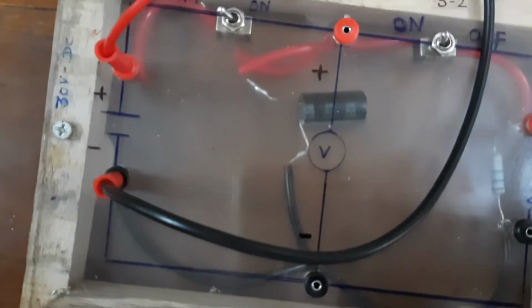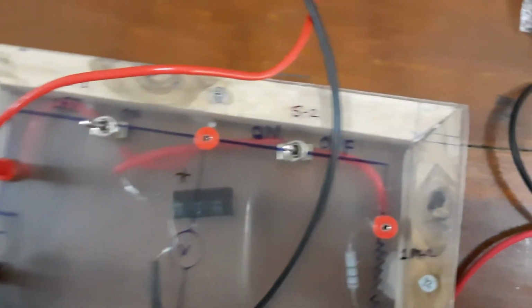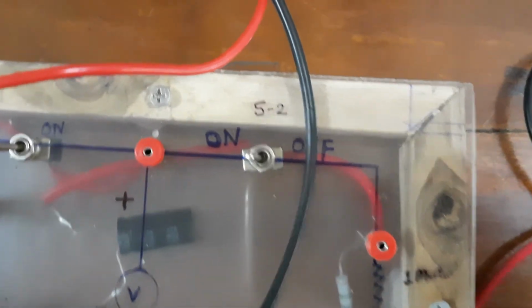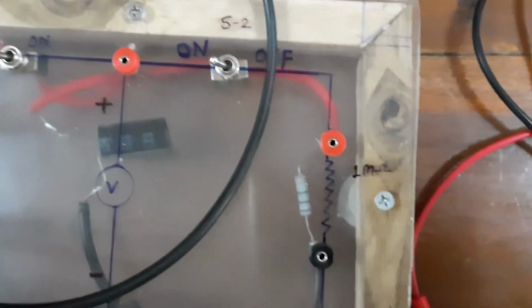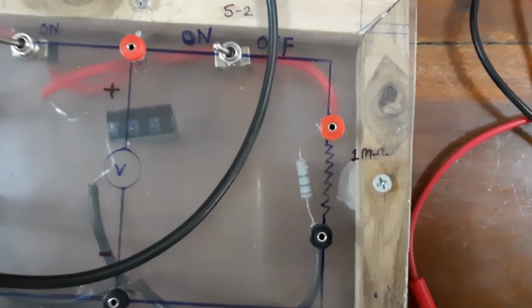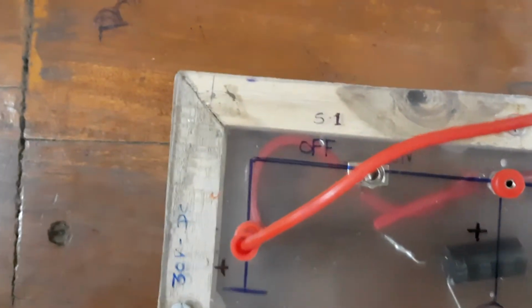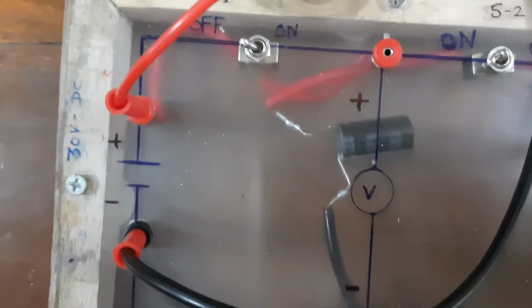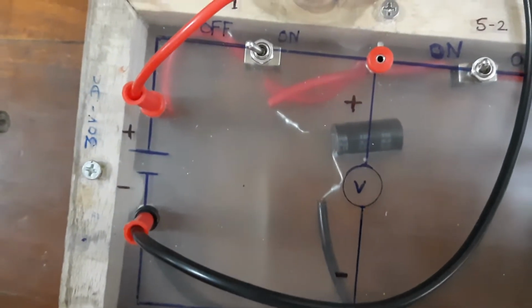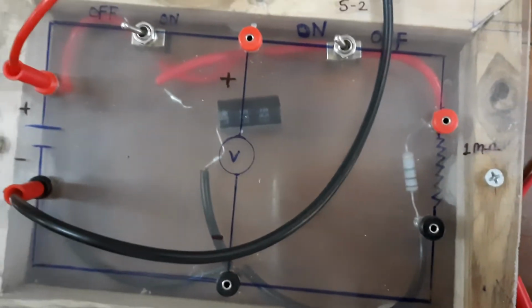First of all, you have to keep this switch in off state, and this switch we are keeping in on state. The S2 switch indicates that the unknown resistance is connected in the circuit, and the S1 switch, which is in off state, indicates that the power supply is isolated from the remaining circuit.